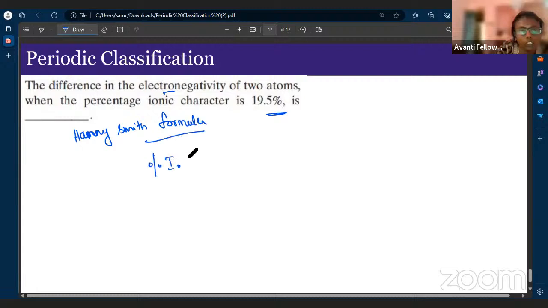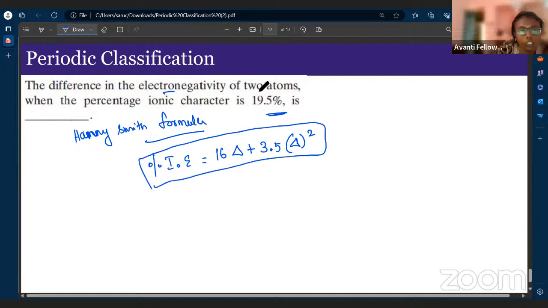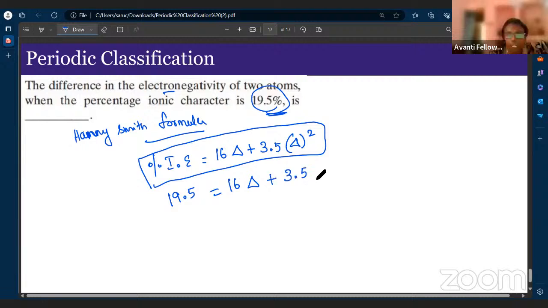Percentage ionic character is equal to 16 times the difference in electronegativity plus 3.5 times the difference in electronegativity, the whole square. Now the percentage ionic character is given as 19.5, which is equal to 16 times the difference plus 3.5 times delta square.